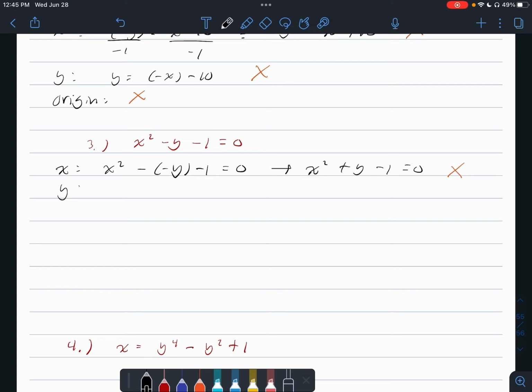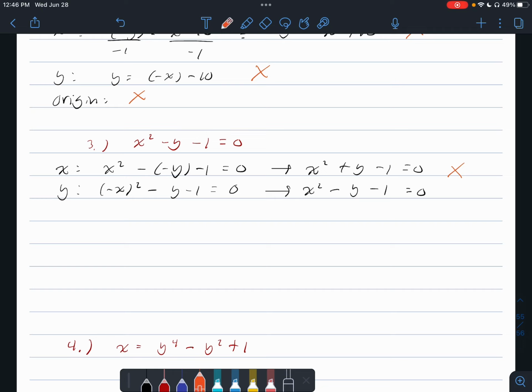Okay, let's check y. So we'll replace x with negative x. So we have negative x squared minus y minus 1. Negative x squared, because we're raising it to an even power, is just x squared. So this is going to become x squared minus y minus 1, which is our original equation.